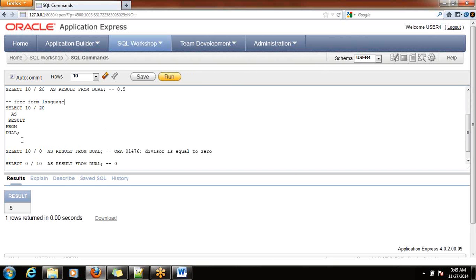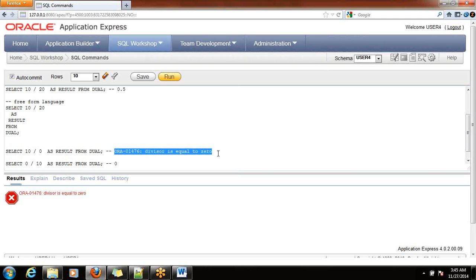And here I am trying 10 divided by 0. Here you can see it throws an error: divisor is equal to 0.